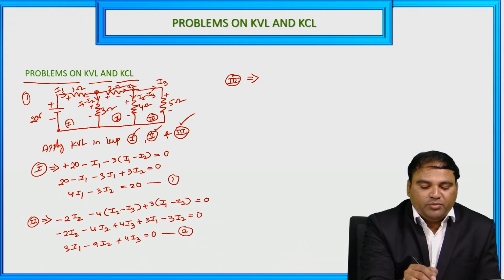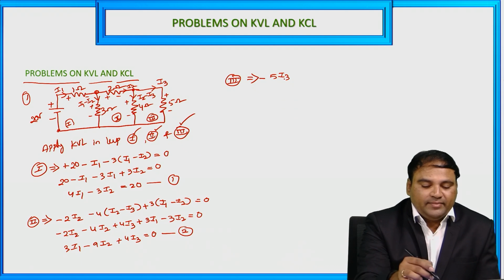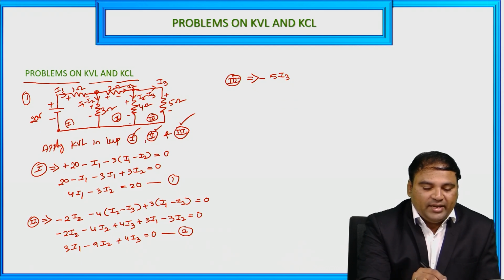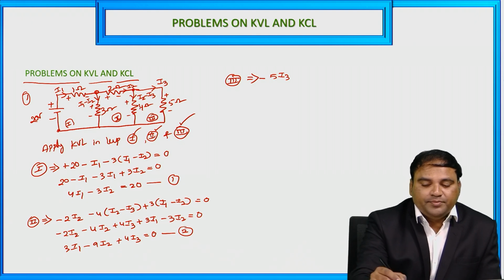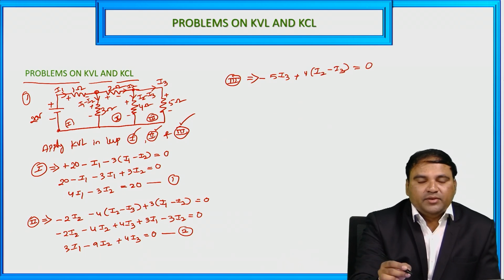So at the 5 ohm resistor the second polarity is minus and the voltage drop is minus 5I3, and here the current is going like this. So at this node point the second polarity is plus, so plus 4 into (I2 minus I3), that is equal to 0.